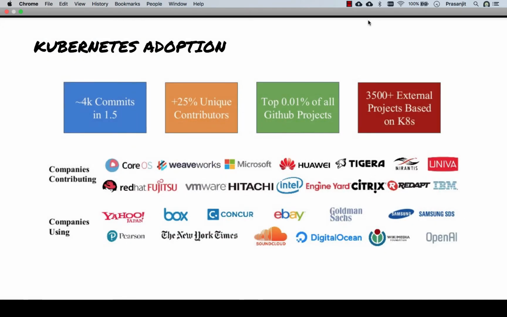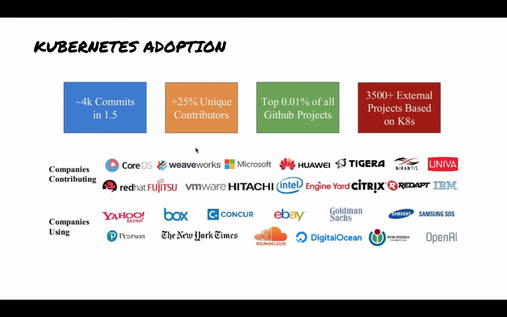Now let's discuss a bit on its adoption. This set of figures is from the beginning of 2019, so not very new. The Kubernetes platform had seen more than 4,000 commits. It has a growth of 25% in unique contributors to the project. It's in the top 0.01% of all GitHub projects, and 3,500 plus external projects are based on Kubernetes.